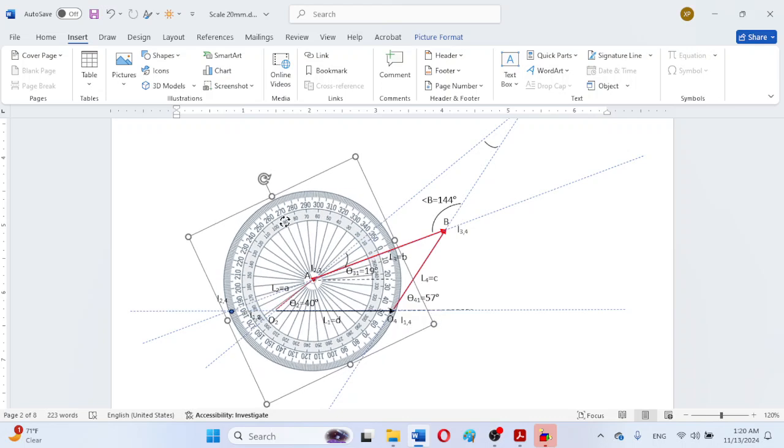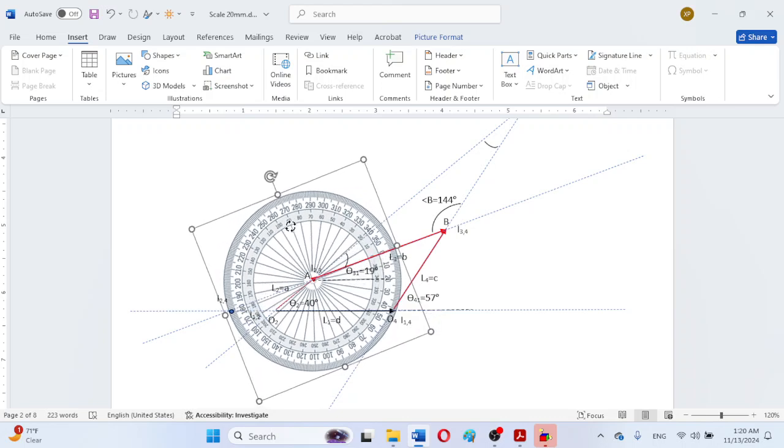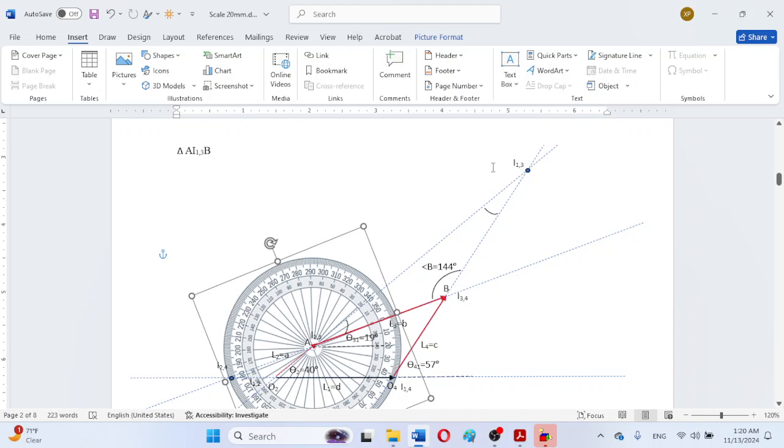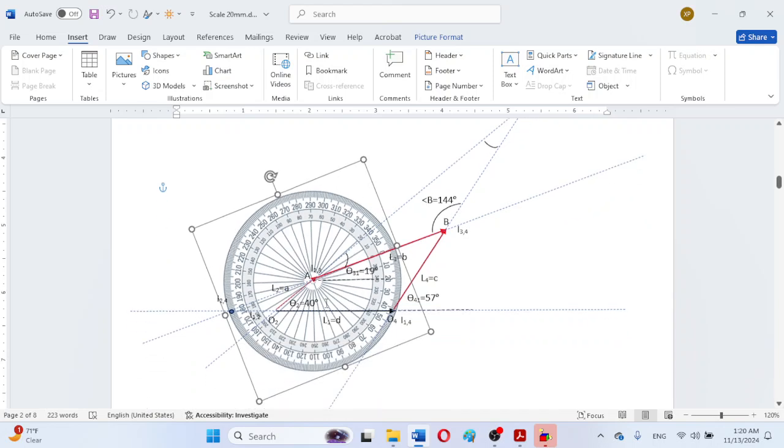Again, place the 0 degree line along one of the lines to measure the angle from. In this manner the 0 degree line is along link AB, and we are required to find the angle between the line I1,2 3 and I1,3, the line connecting these two instant centers.